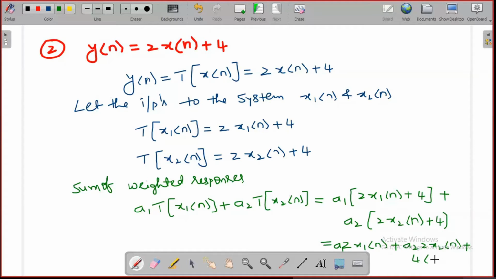That I am writing as 4 into a1 plus a2. Now the sum of weighted responses is 2a1 x1 of n plus 2a2 x2 of n plus 4 times a1 plus a2.